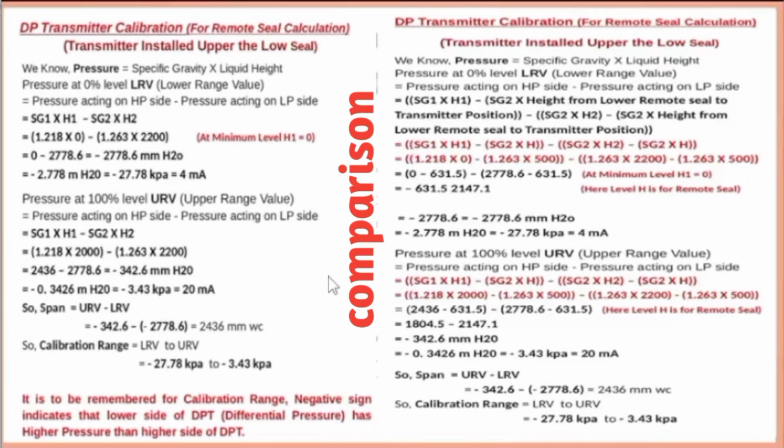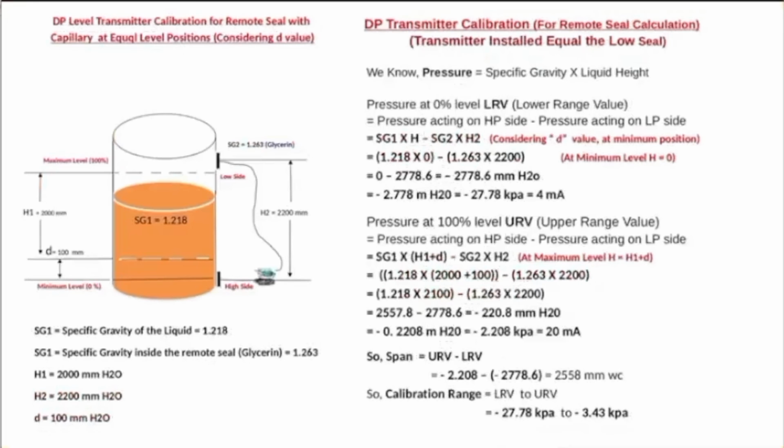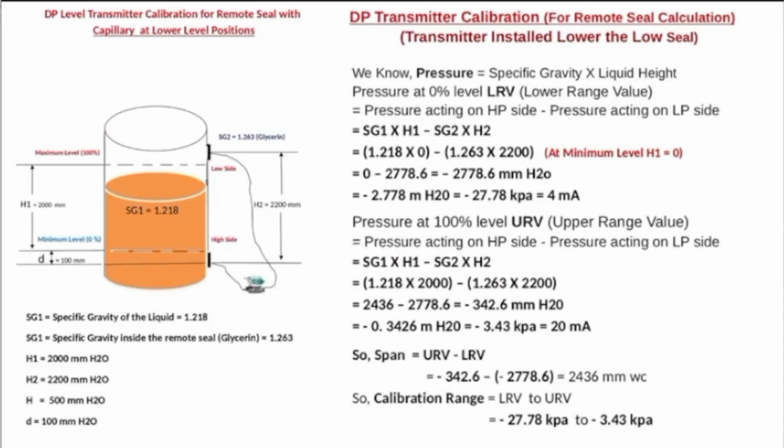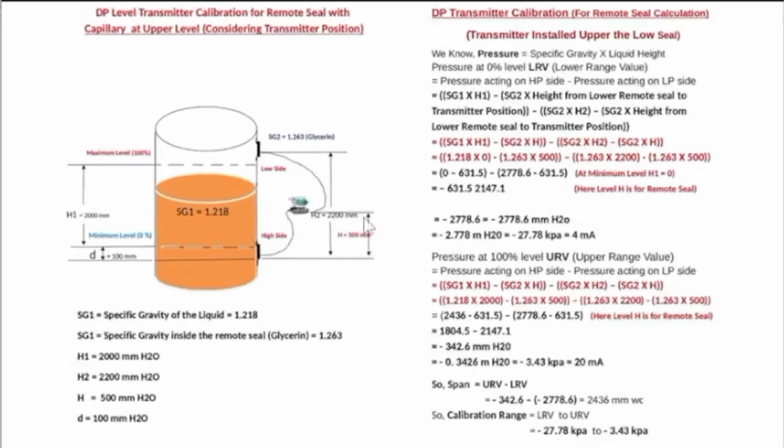Here we can see the two different values. Here H1 is 0, and here the transmitter is installed upper the low seal. Here we considered the transmitter position. Here this is the distance 500. You see in the previous, this value we considered 500 millimeter.